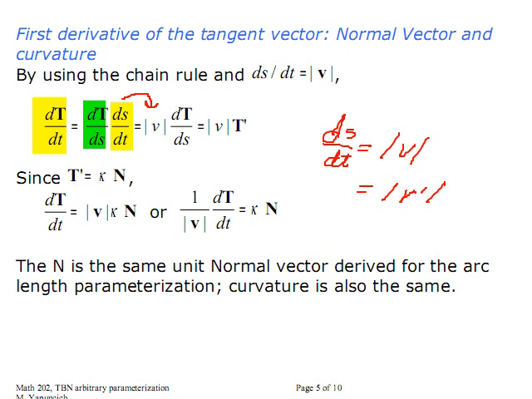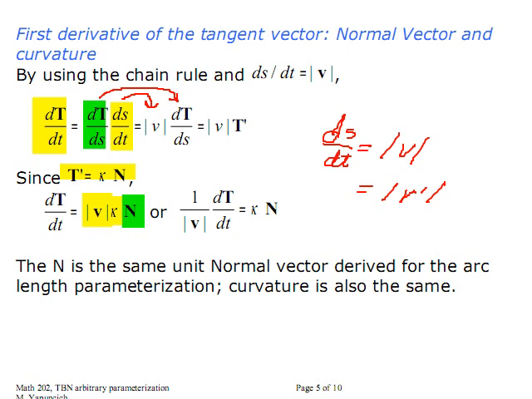So we can write that, and now we have ds by dt. But we know what the arc length derivative of the tangent is. We know that's kappa n. So we can substitute that, and we have that the first derivative of the tangent with respect to time equals the magnitude of the velocity times the curvature in the direction of the unit normal.